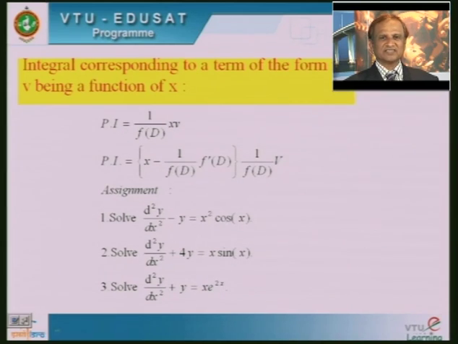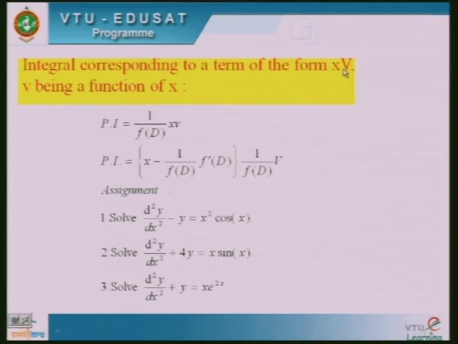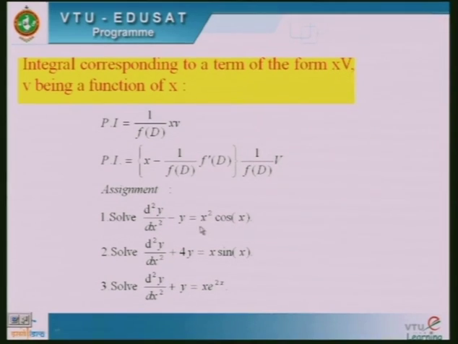Our formula says that the right hand side member is of the type x into v, but here the given function is of the type x square into cos x. So x square can be written as x into x. It means this function becomes x into v, where v is equal to x into cos x.